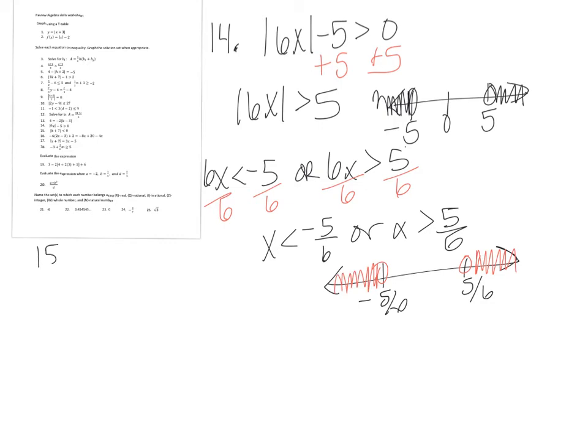Number 15, absolute value of h plus 7 less than 0. Question here, when is the absolute value less than 0? Never, right? Everything we put in here is going to come out positive. If I put in negative 10, the absolute value of negative 3 is positive 3, which is not less than 0.